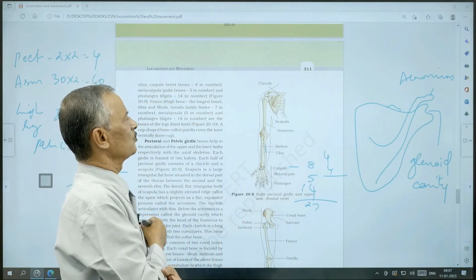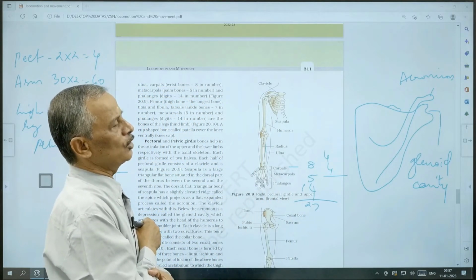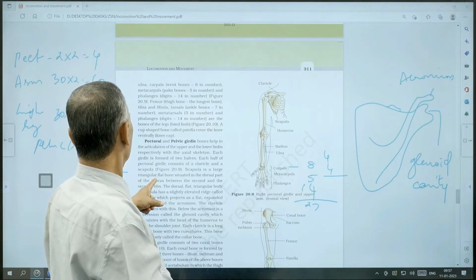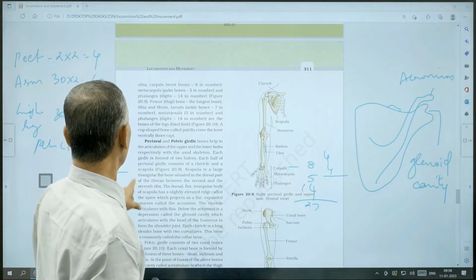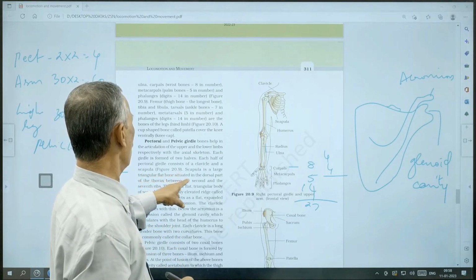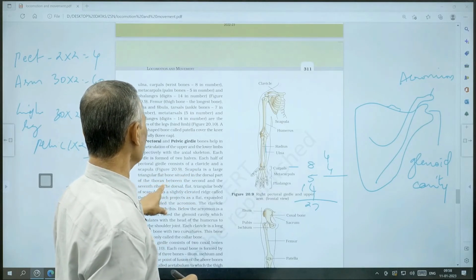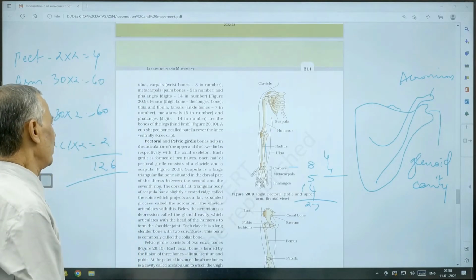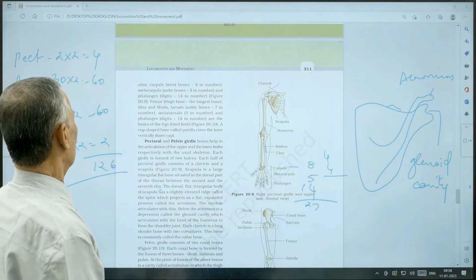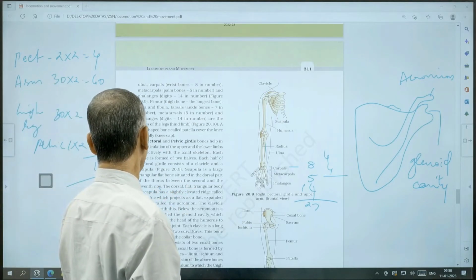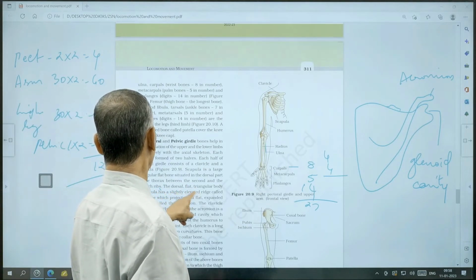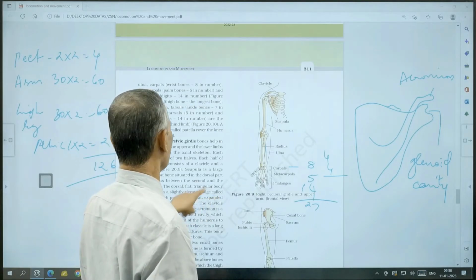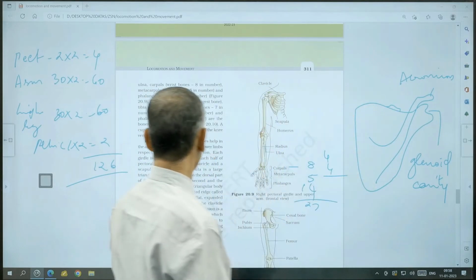This scapula is connected to the ribs only by ligaments. It is a large triangle-shaped flat bone in the dorsal part of the thorax between the second and the seventh rib. The dorsal flat triangular body of the scapula has a slightly elevated ridge called the spine, which projects as a flat expanded process called the acromion. Okay.